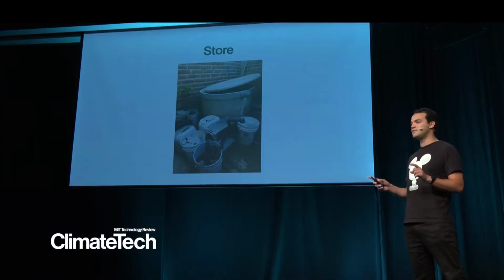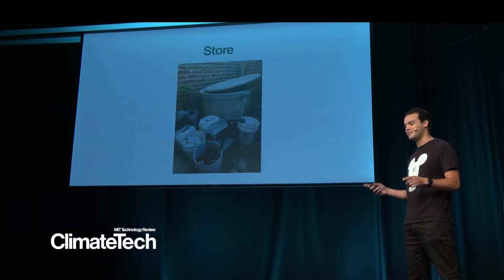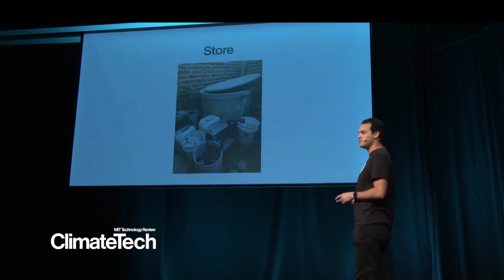Once they get water into the households, they store it in buckets or underground. To store it underground, they need to dig quite a big hole, which is very hard to do due to the geography of the place. When they use it, they have no way of knowing the quality of the water they're using, so sometimes they use bad quality water for drinking or for cooking.